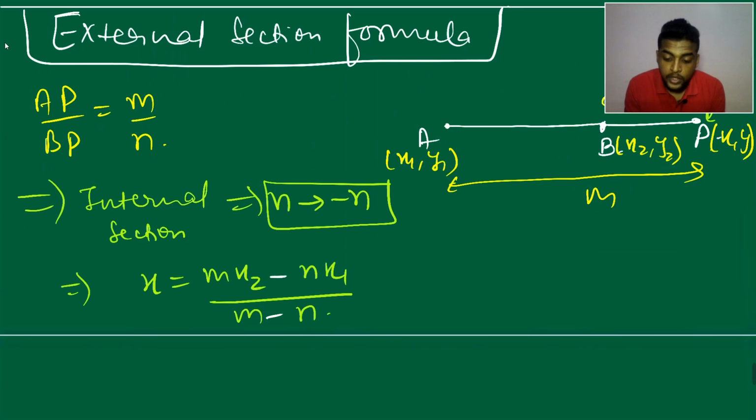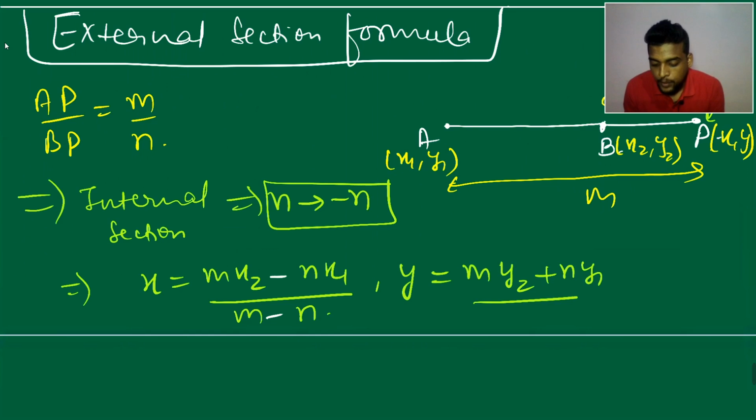Now let us go into y. What does y look like? y is nothing but (m y2 + n y1) upon (m + n). But what we have written is for the internal section formula, and we need the external. So for external, this plus converts into minus because n is replaced by minus n.